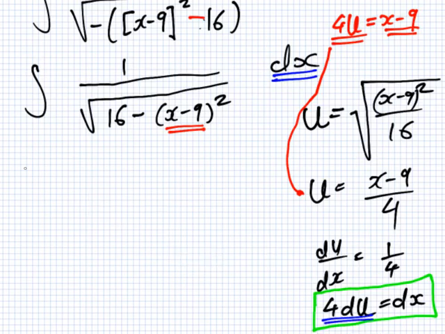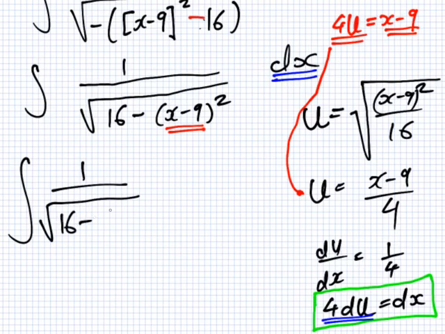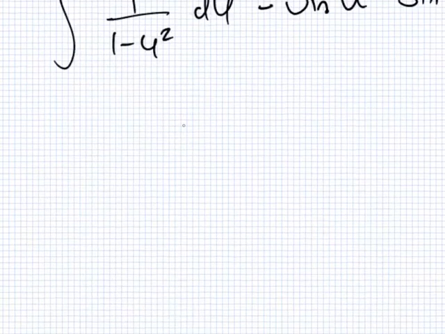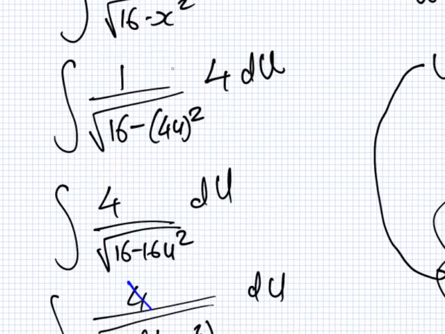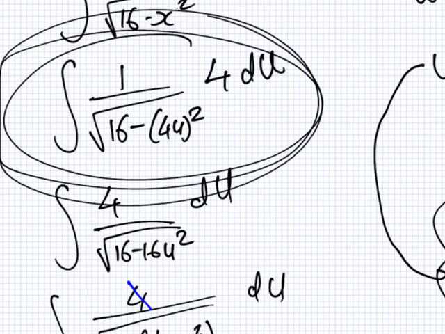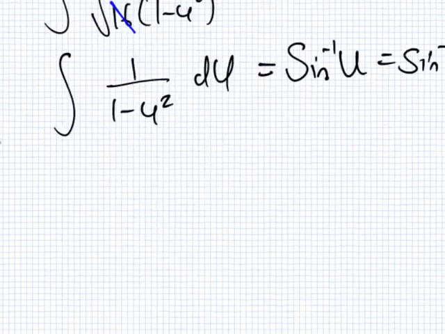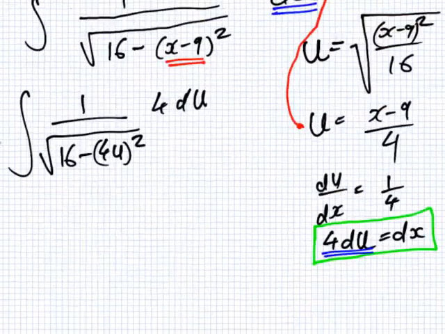So if I sub this in, I get 1 over root 16 minus 4u squared, times 4 du. Now, we've actually done literally that problem a moment ago. The 16 was taken out, and then the root of 16 makes 4, and the 4 cancels the 4 on the top. It is 100% the same as this here.